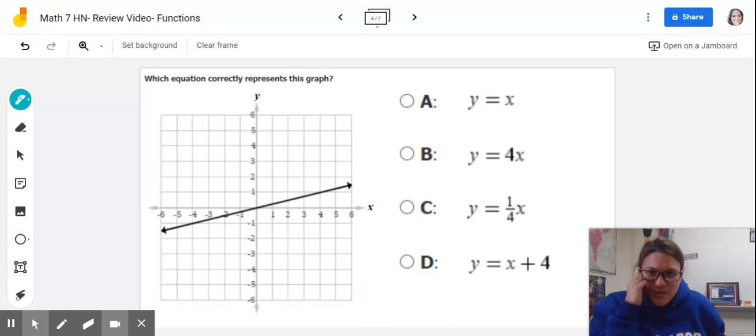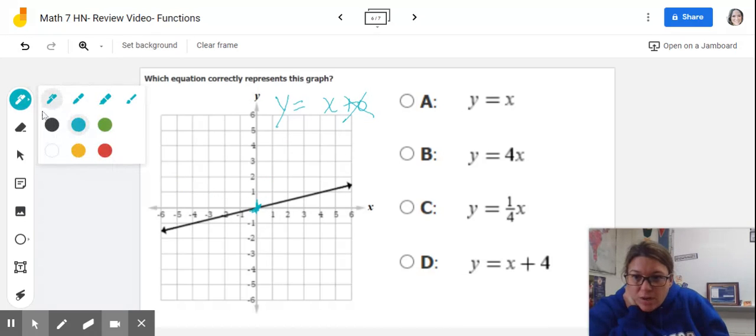All right. So which equation correctly represents the graph? So this crosses the y-axis at 0. See it right there. So I know that when I write the equation for this, it's not going to have anything after the x. It would be +0, and +0 is nothing. That's where it crosses the y-axis at 0. So it's not going to have the +0. Now I need to figure out the slope.